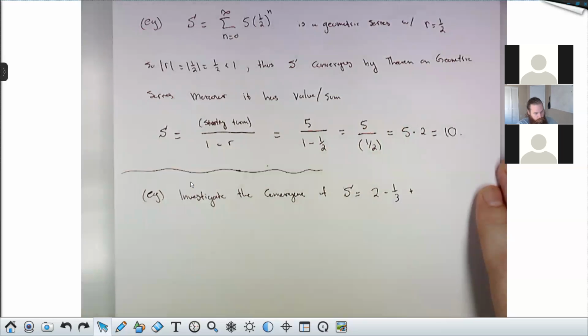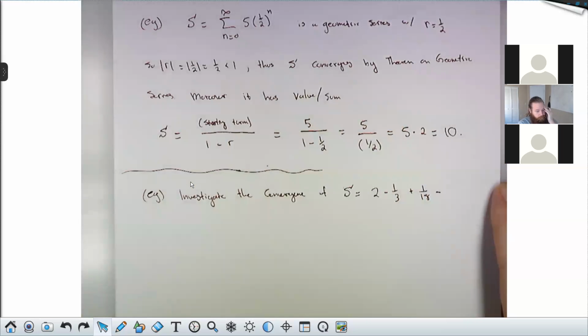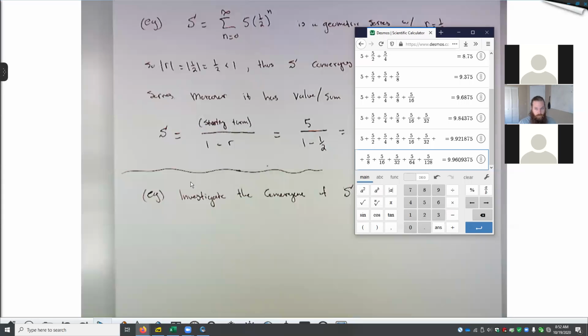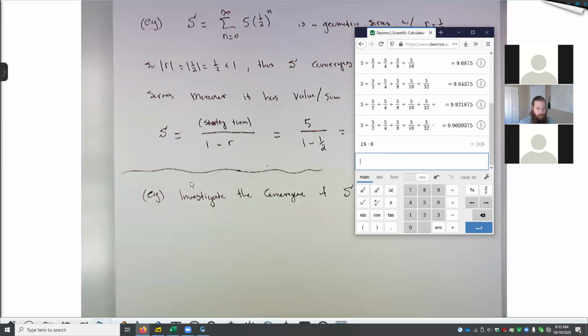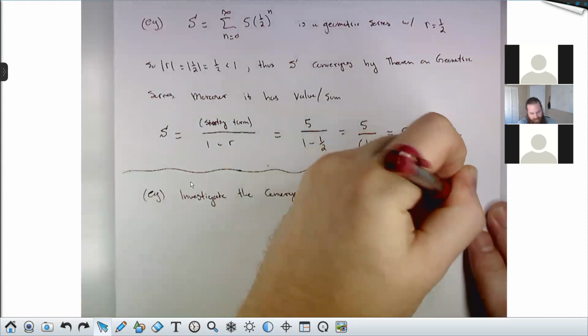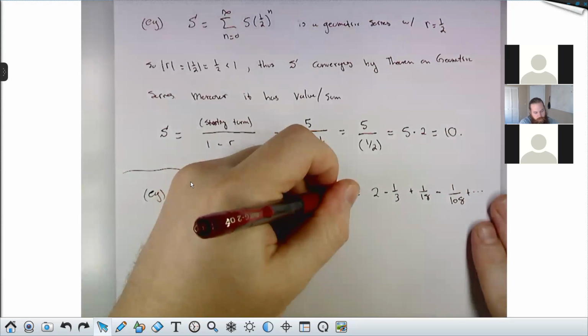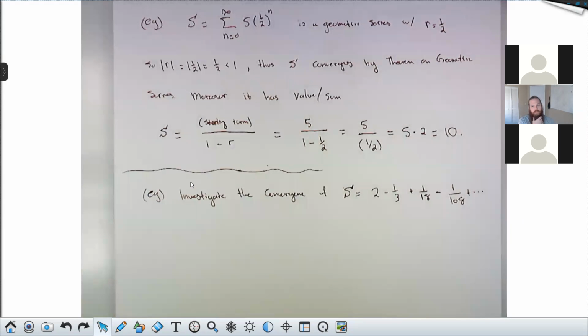Say plus 1/18 minus 1/108 and so on. So first we need to write this in sigma notation to figure out what it is.